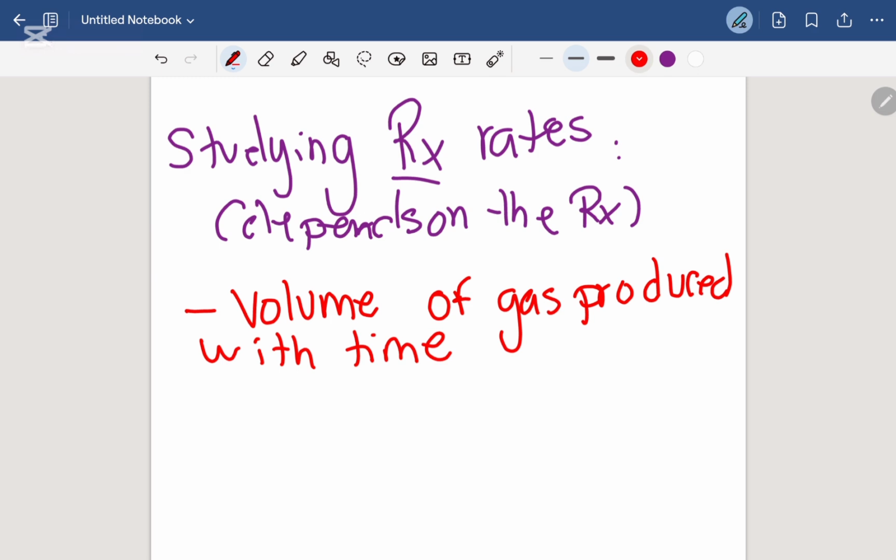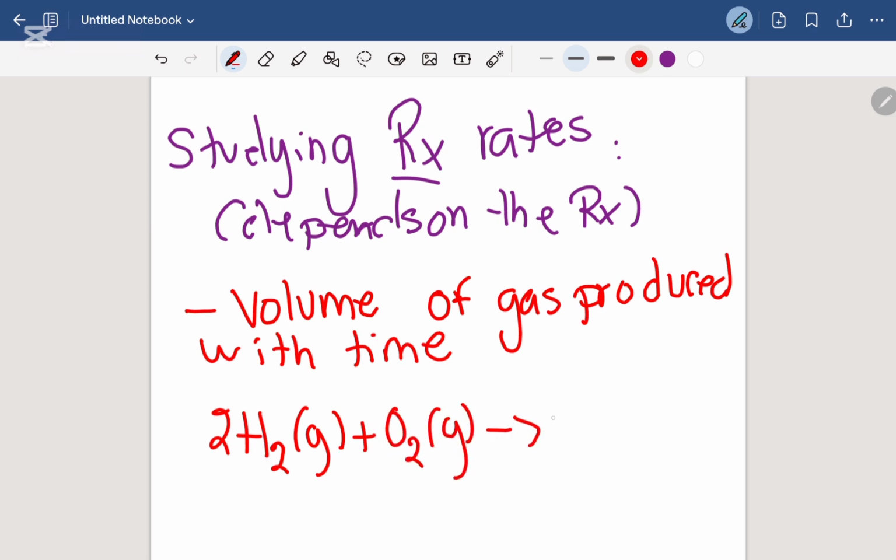So, to study the reaction rate, one way of doing it is to measure the volume of gas produced with time. If we had, for example, 2H2 gas plus O2 gas gives us 2H2O gas.